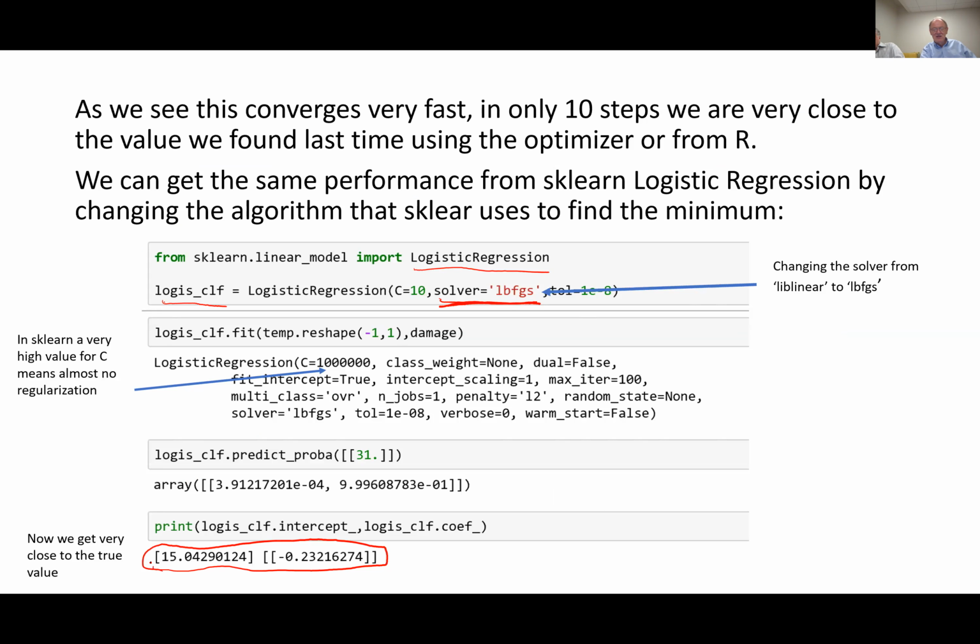It will use gradient descent, so it will not converge. So sklearn by default uses the liblinear solver. Right. Exactly. Okay. That's the fastest. So this one takes a little bit more computation because you need to compute the second order.